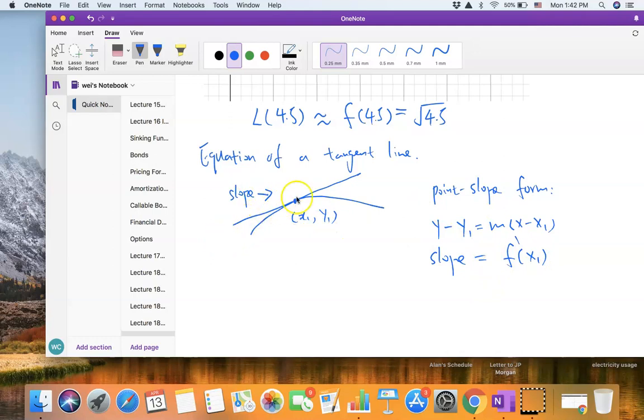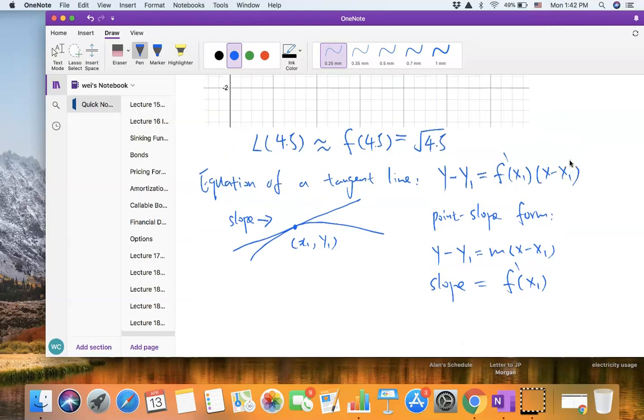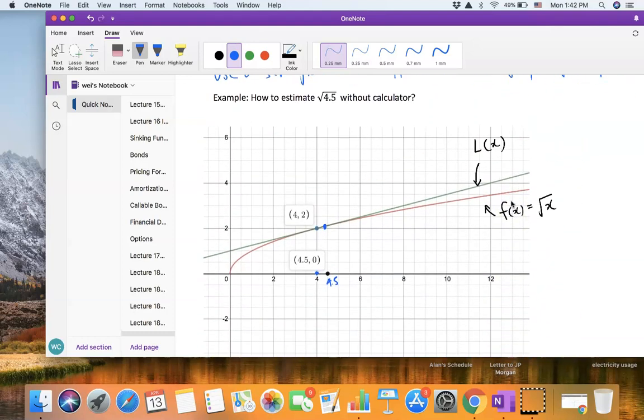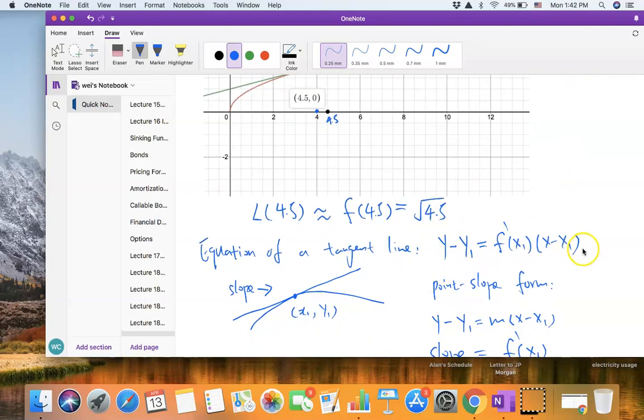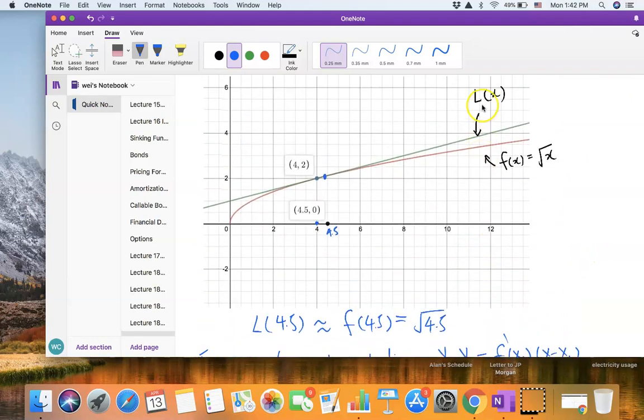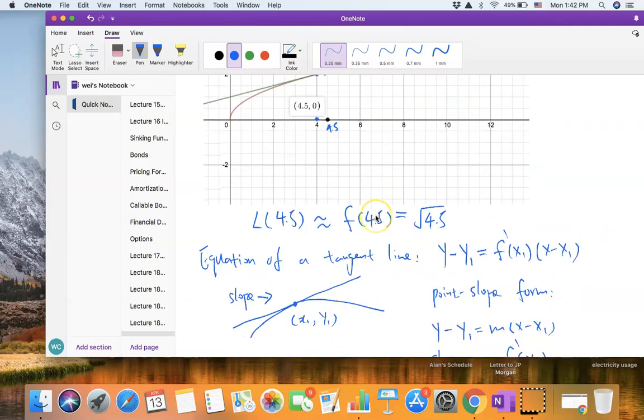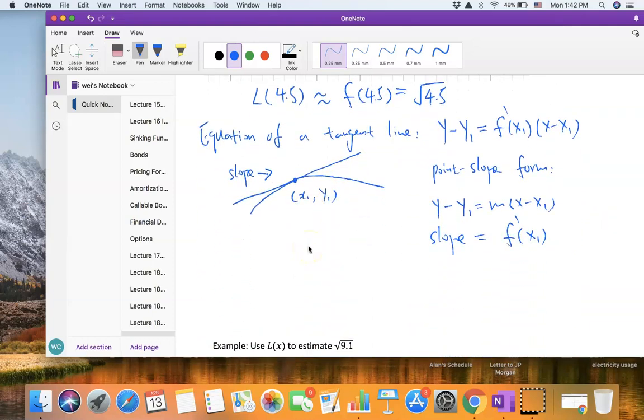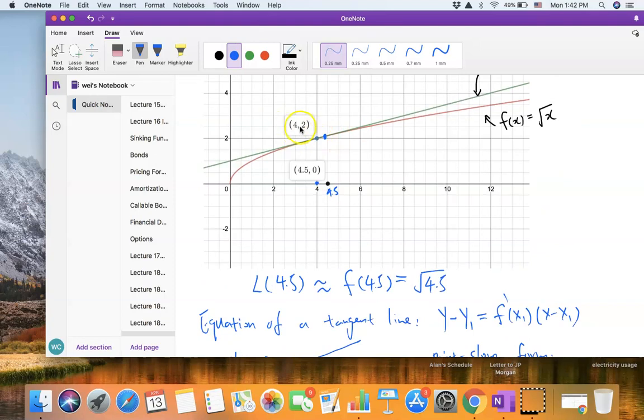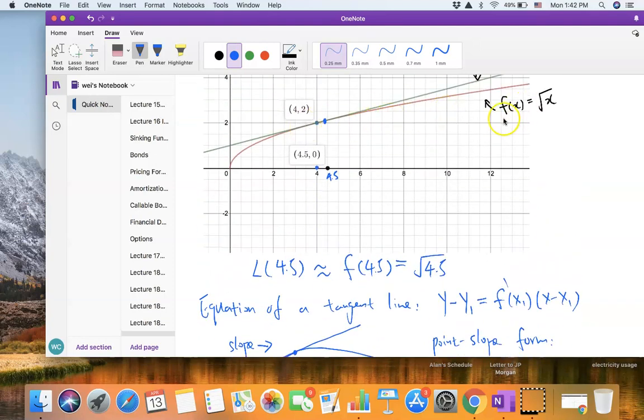So therefore, the equation of this tangent line we can write as y minus y1 equals f prime of x1 times (x minus x1). Now here we're going to use this formula to find the equation of L(x). Because this point is (4, 2), and the function f(x) is the square root of x.